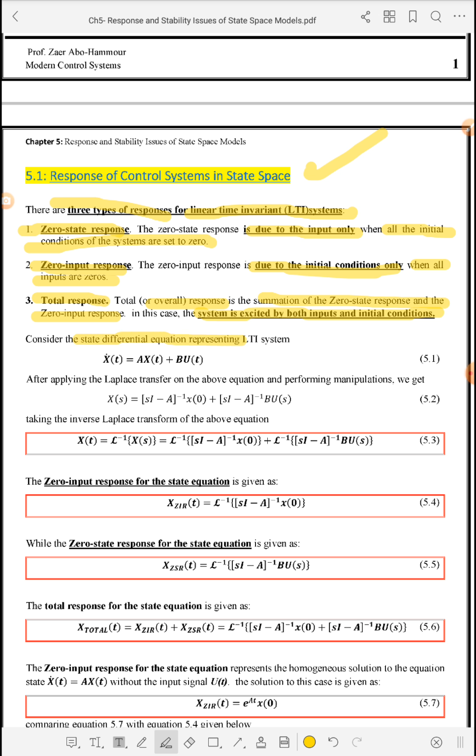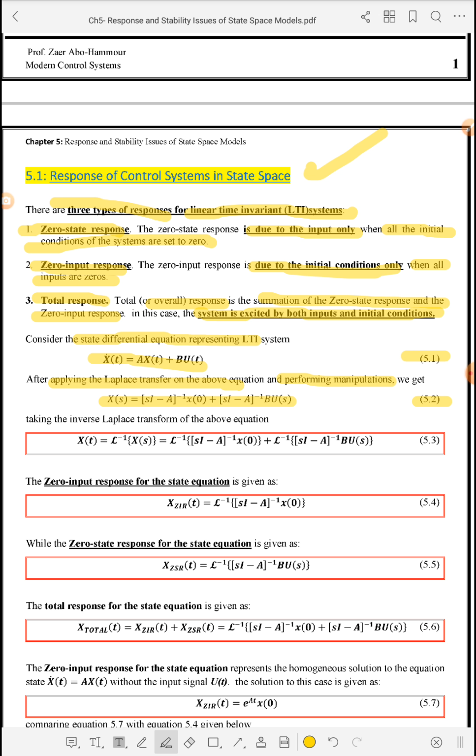If we consider the state differential equation for a linear time invariant control system, which we previously covered, x dot is equal to Ax plus Bu, as given in equation 5.1, and after applying the Laplace transform on this equation and performing very simple manipulations, we will get equation 5.2, which gives us the value of X(s) as a function of the A matrix, B, U(s) and the initial conditions.